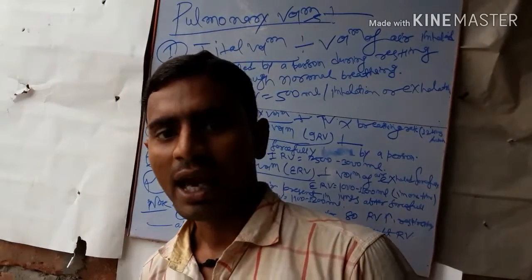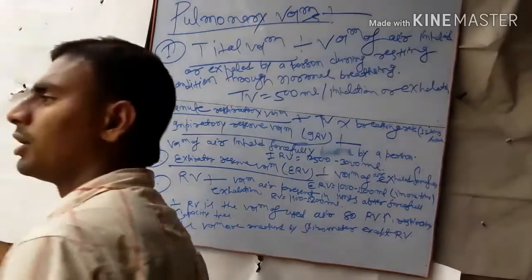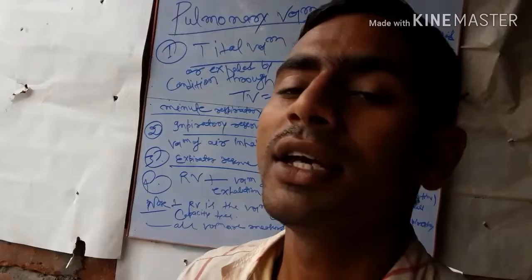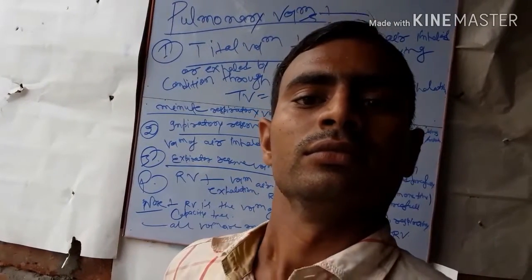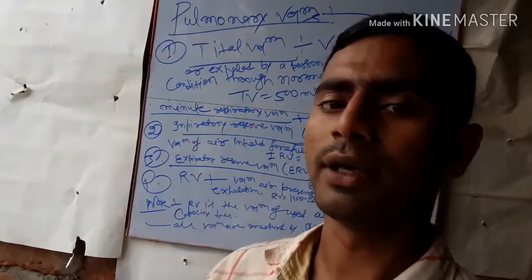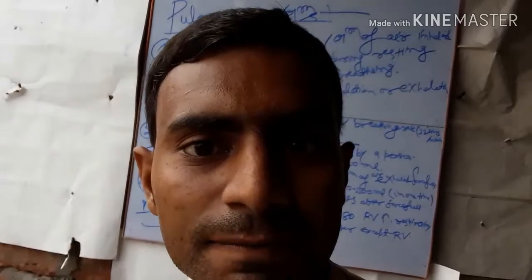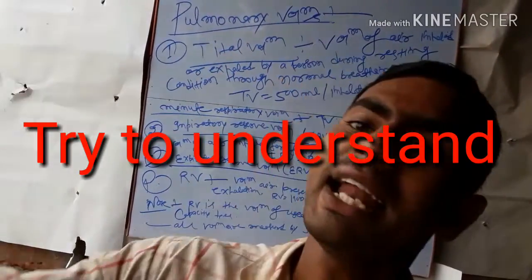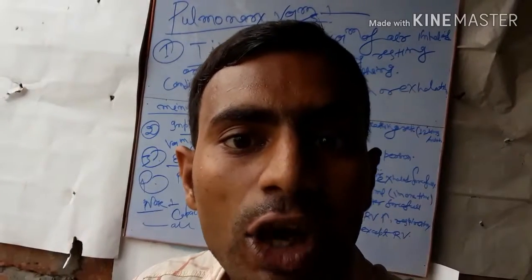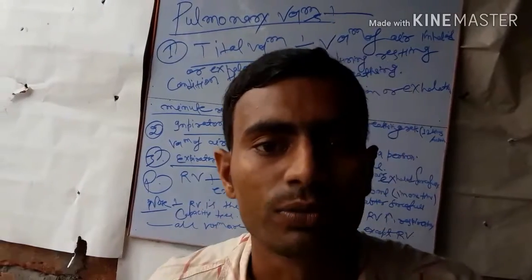The air we take in is inhalation, and the air we remove is exhalation. Both inhalation and exhalation together, that amount is 500 milliliter, and that is called tidal volume.